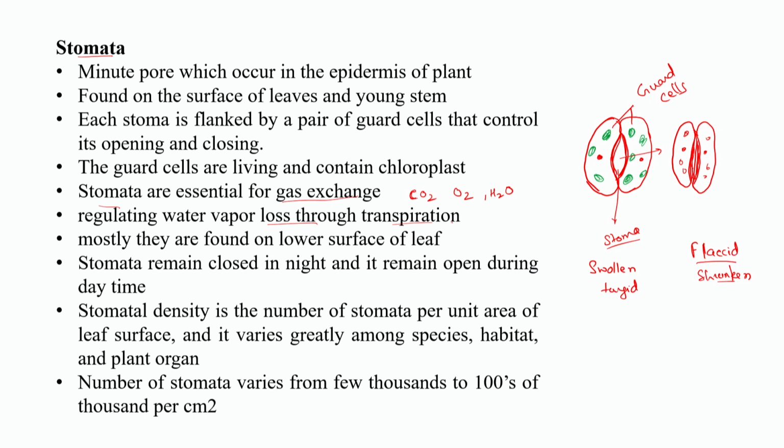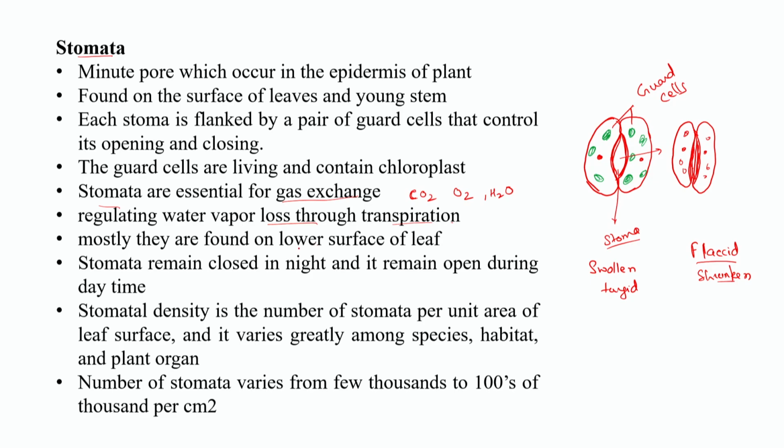So the plant will decide under what situation it has to open the stomata and where it has to close it. All those factors will be decided and that type of modification will be made by plants. But in normal condition, during daytime the stomata is open to allow gases exchange.